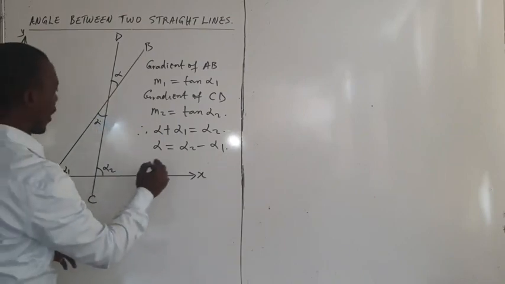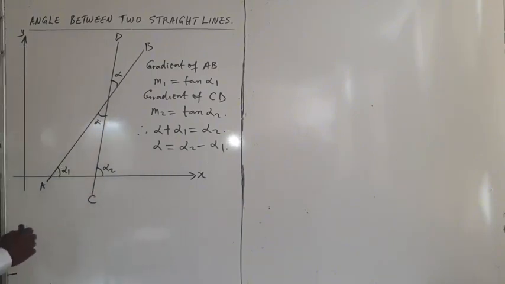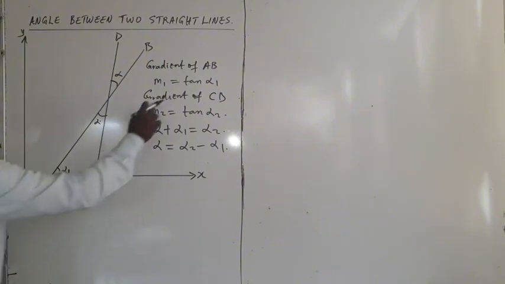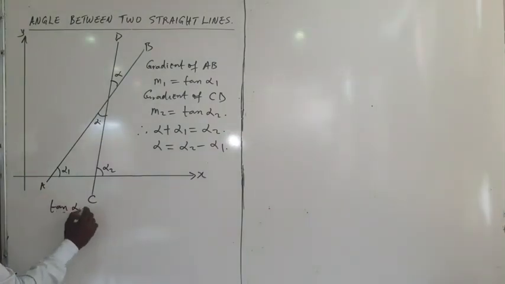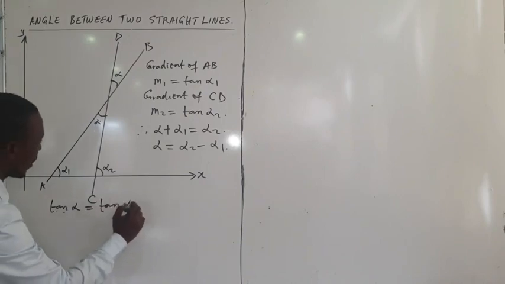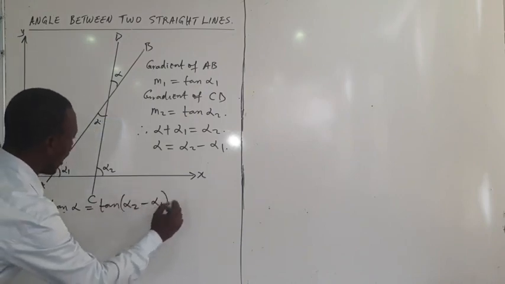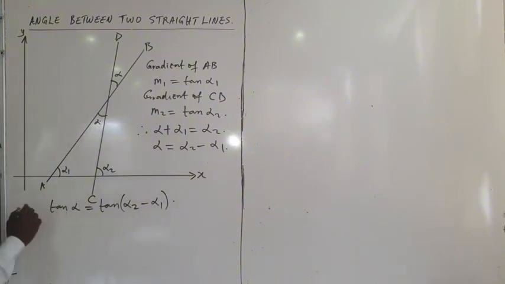Now, the gradient of alpha will be tan alpha, which is the same thing as tan of alpha 2 minus alpha 1.